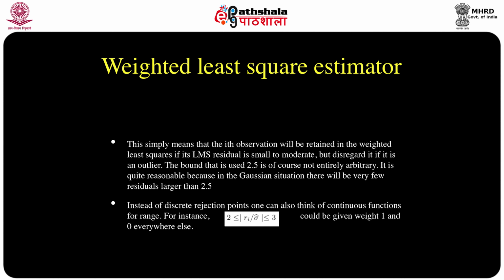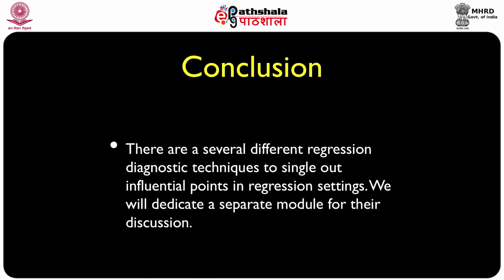We have discussed here 5 different robust regression techniques that we can use to obtain the estimates of the regression parameters. There are several different regression diagnostic techniques to single out influential points in regression settings, and we will dedicate a separate module for their discussion.